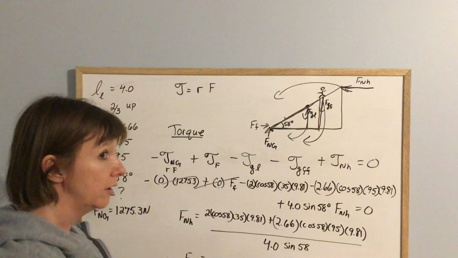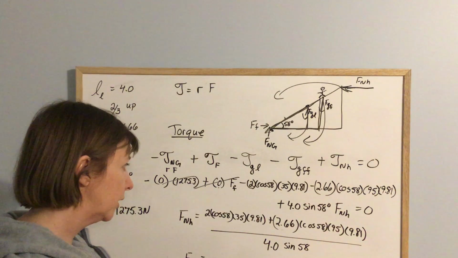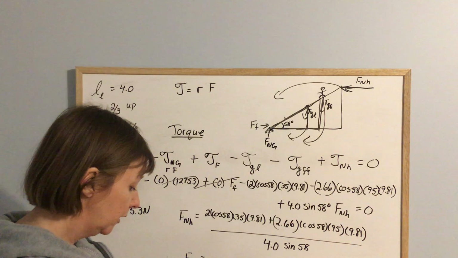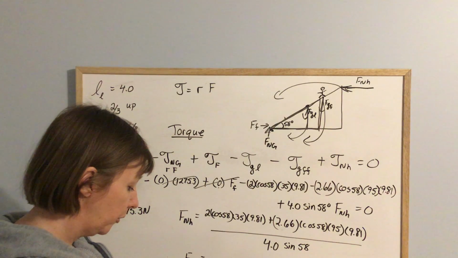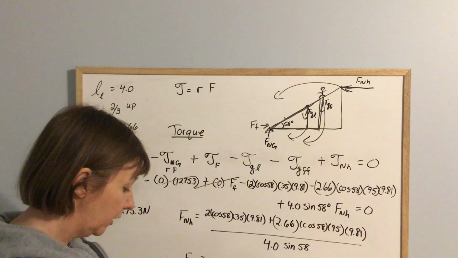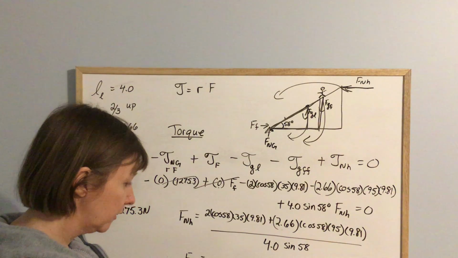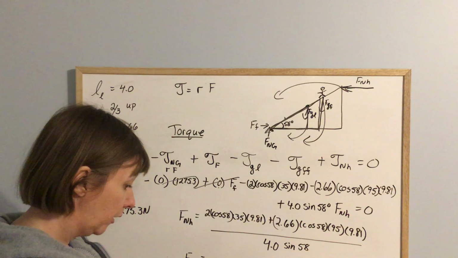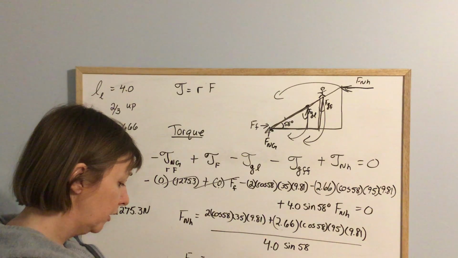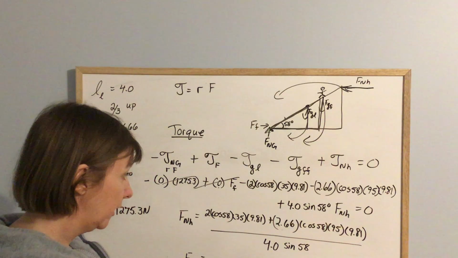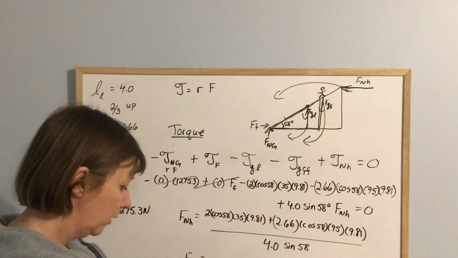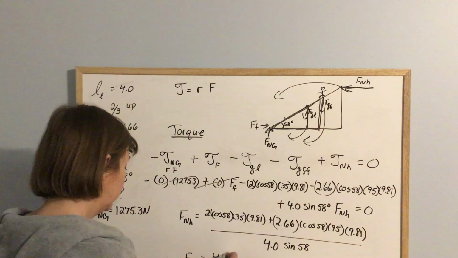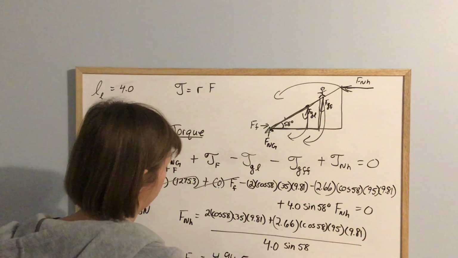I've done this 3 times. I think it's like 400 and something, but I'm going to do it again anyway. 2 times cos of 58 times 35 times 9.81 plus 2.66 times cos of 58 times 95 times 9.81, all of that divided by 4 times sine of 58 gives me 494.5, and it keeps on going.